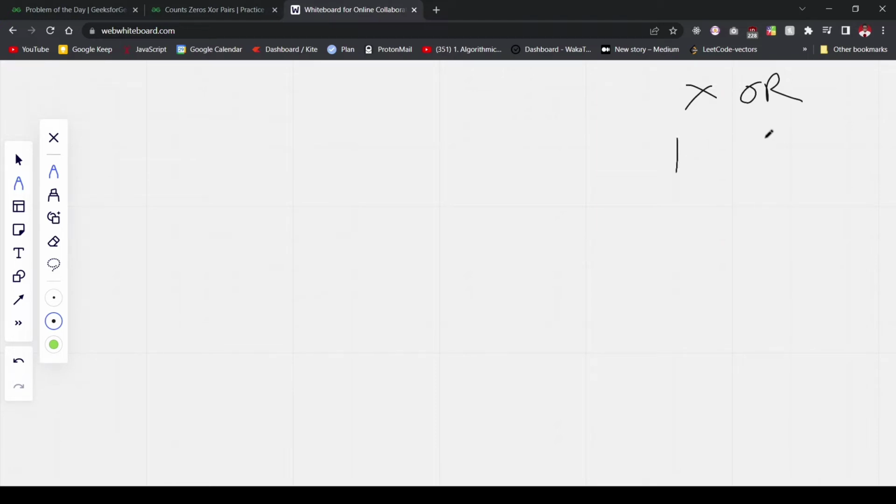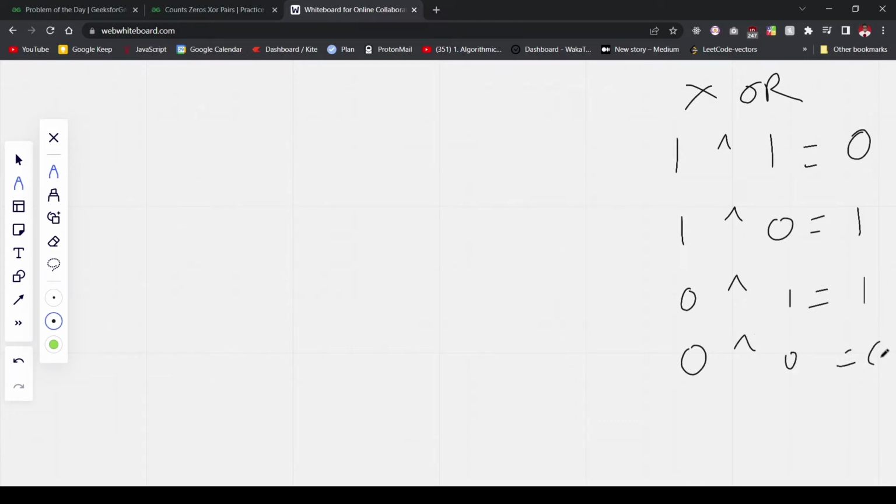For example, if my first bit is 1 and my next bit is 1, then the value would be, well, I wrote it wrong. The value would be 0 and not 1. And if my first bit is 1 and the second bit is 0, then my value would be 1. And similarly, if my first bit is 0 and the second bit is 1, then the value would be 1 itself. And if both the bits are 0, then my value would be 0.